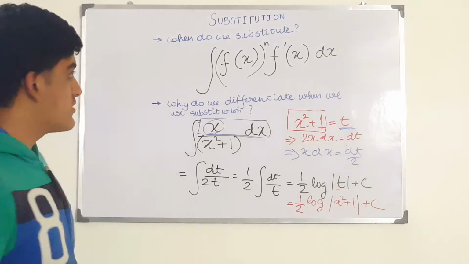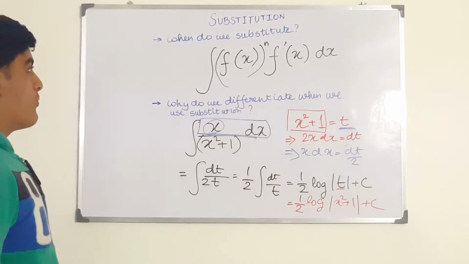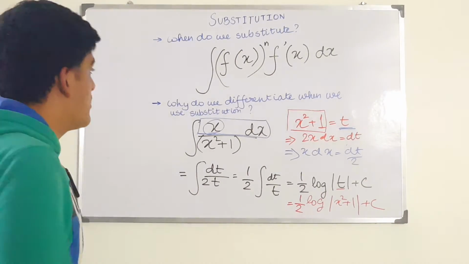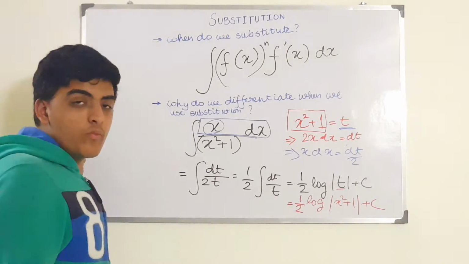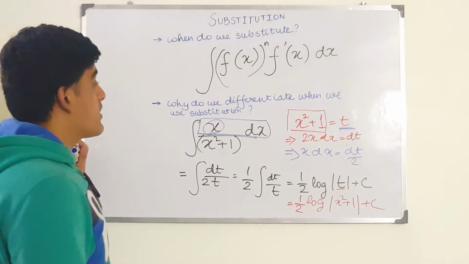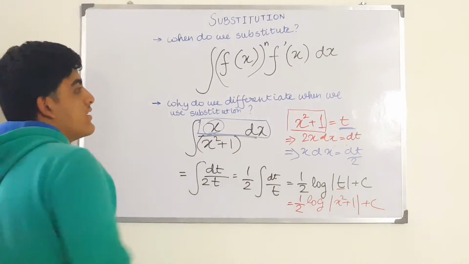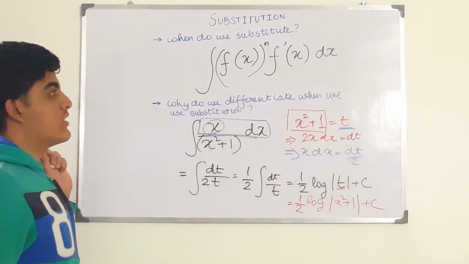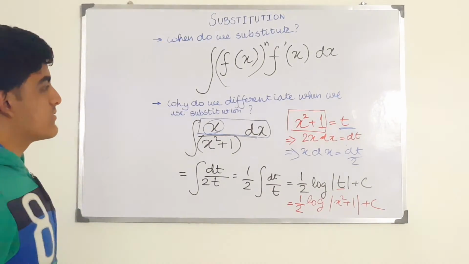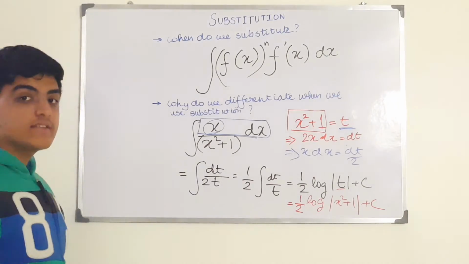I hope you've understood why and when to use substitution. Actually, why to use substitution? Because in these cases, there is hardly any other way to solve without substituting, any simpler way.